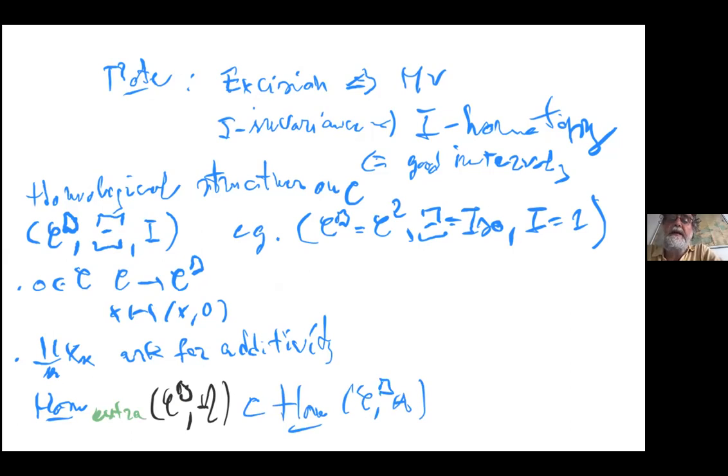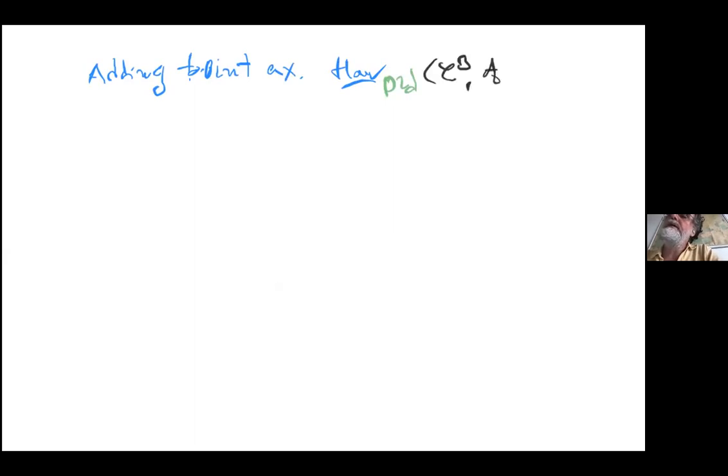This is the Eilenberg-Steenrod, but the point axiom. So if you add the point axiom as usual, we need to have a chosen point object or class or set of point objects. Adding the point axiom, we have Hom, let's say, ord of C into A. Okay, so this is an ord decoration.